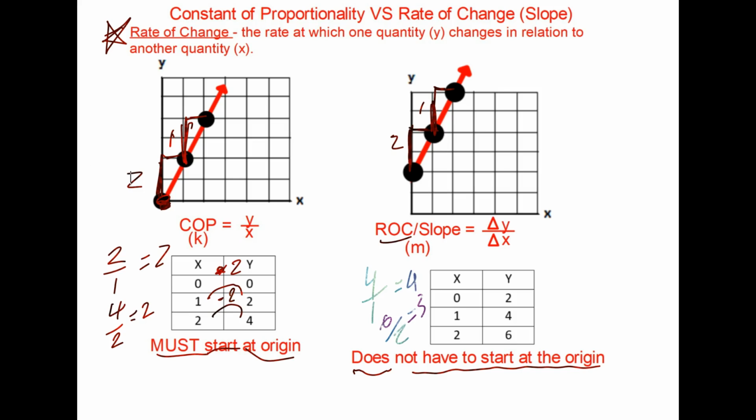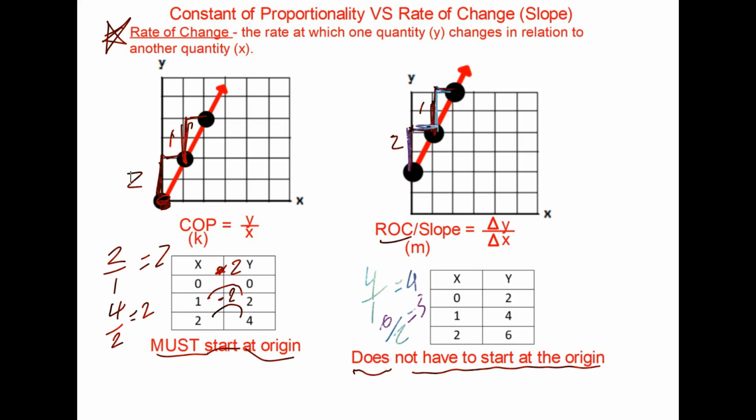Well, that's not what we get when we do this line. It's 2 over 1, 2 over 1, 2 over 1. So we cannot take COP and apply it to ROC. You cannot apply COP to ROC.